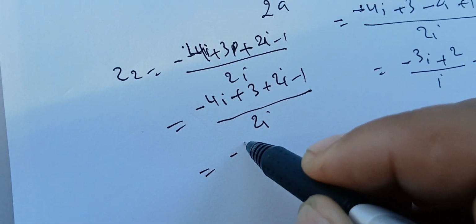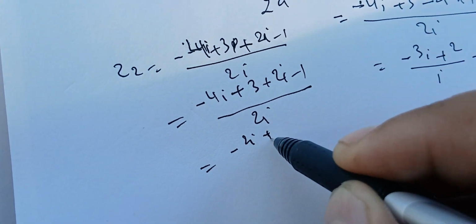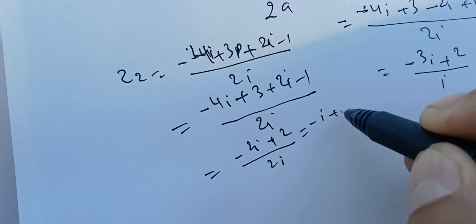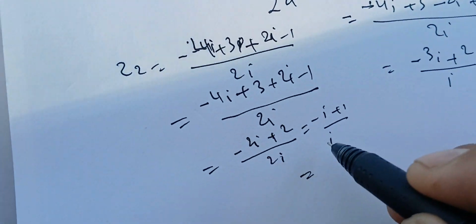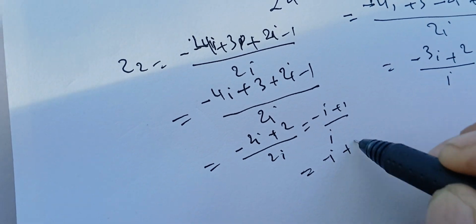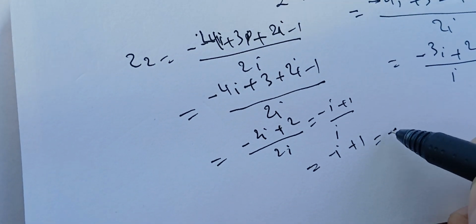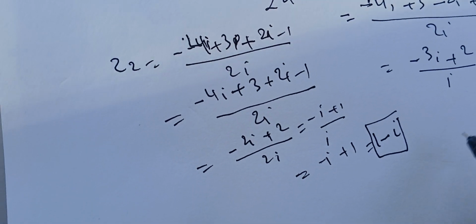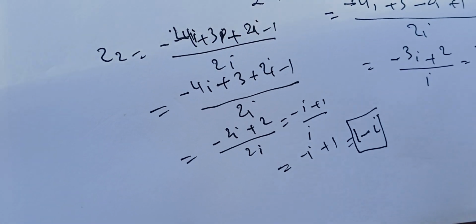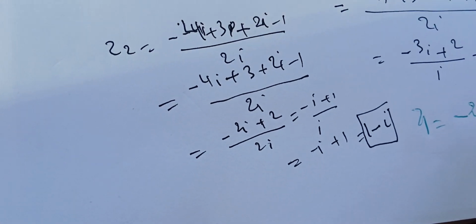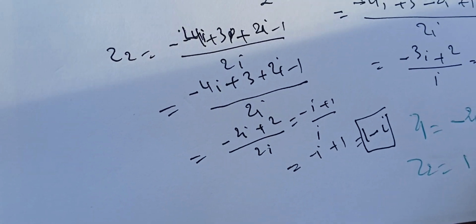So we get minus 2i plus 2 over 2i, which is minus i plus 1 over i. We can multiply everything by minus i, so we get minus i plus 1 over 1, which gives us 1 minus i. So we have these two roots. Let me write them here. We found z1 is minus 2i plus 3, and z2 is 1 minus i.